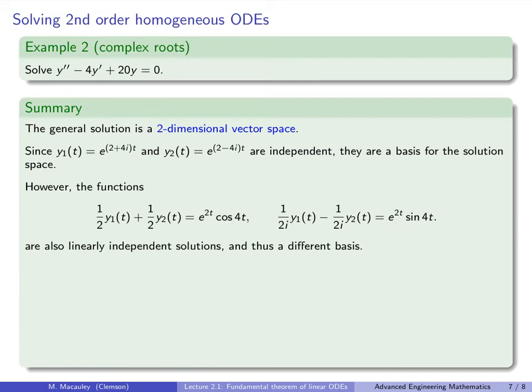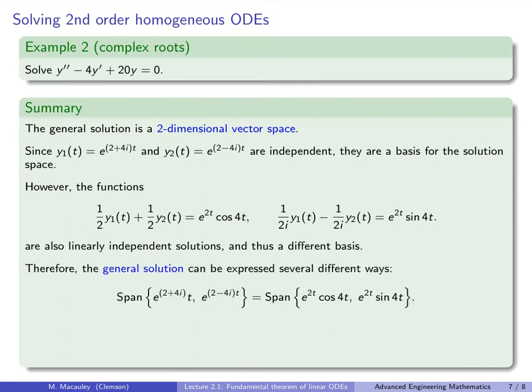These are linearly independent, and therefore they are a basis as well. Therefore, the general solution can be expressed several different ways, either as the span of this basis of complex exponentials, or the span of this e to the 2t times cosine and times sine.